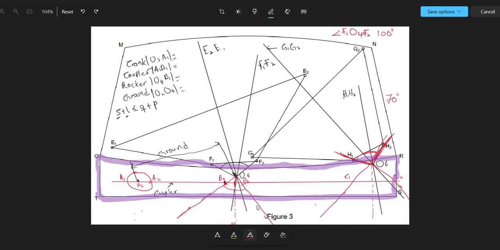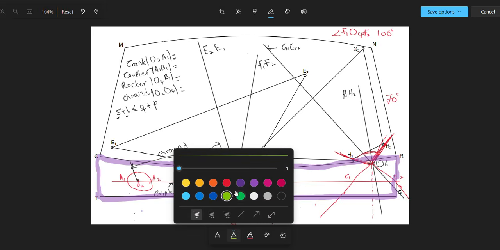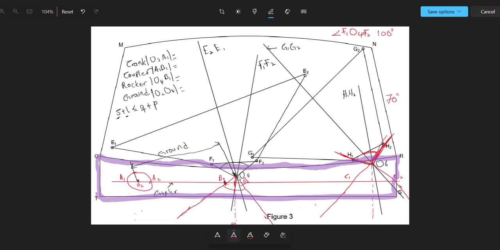So you measure this length O4 to S, that's O4S. And then you measure the distance O6S from here to here. So you measure O4S and O6S, the magnitude of these lines.